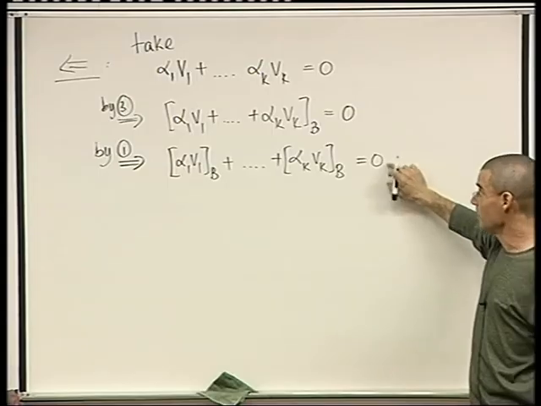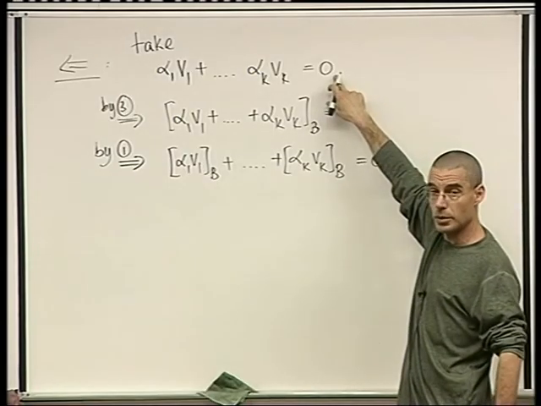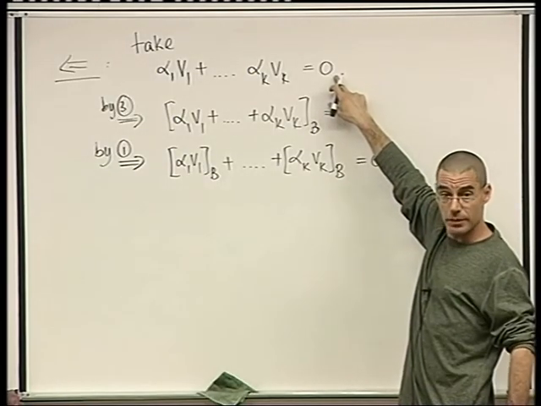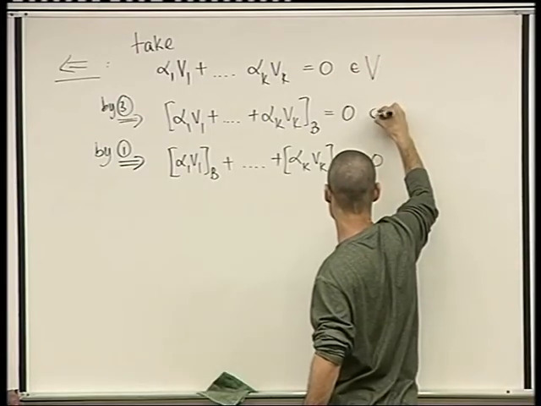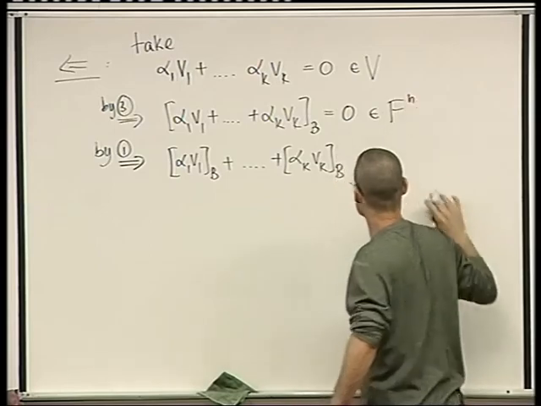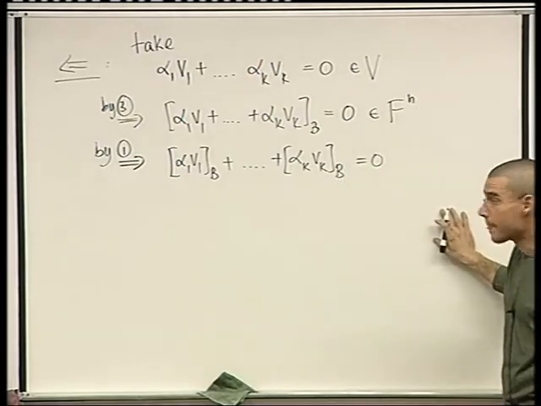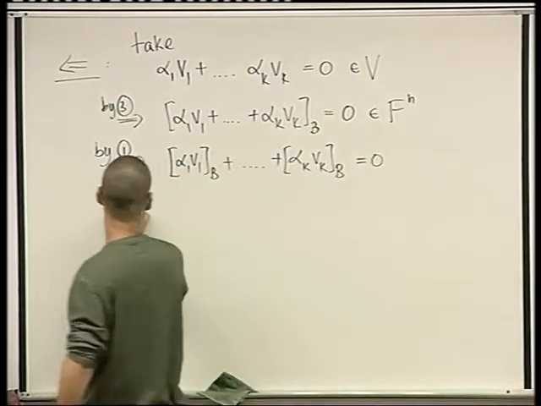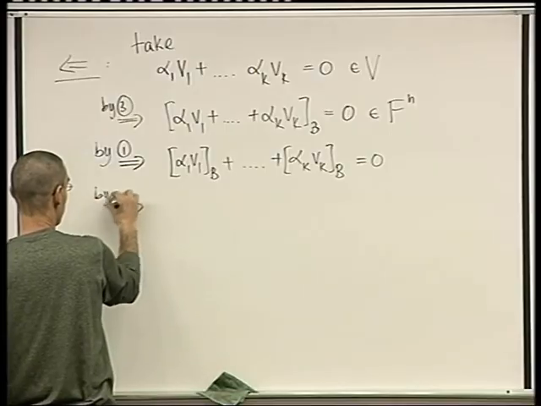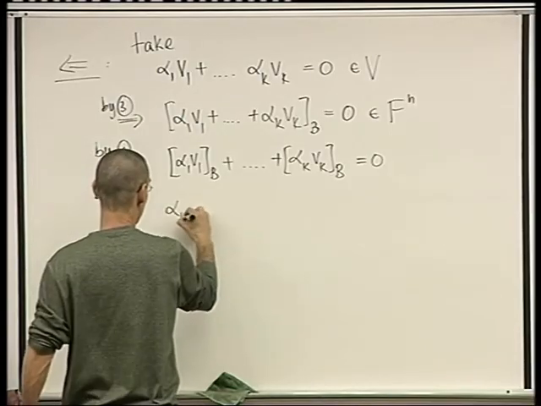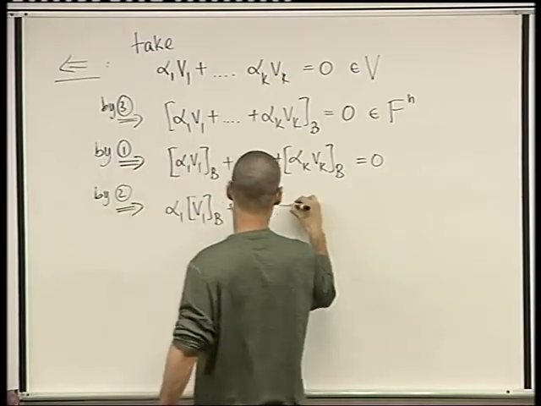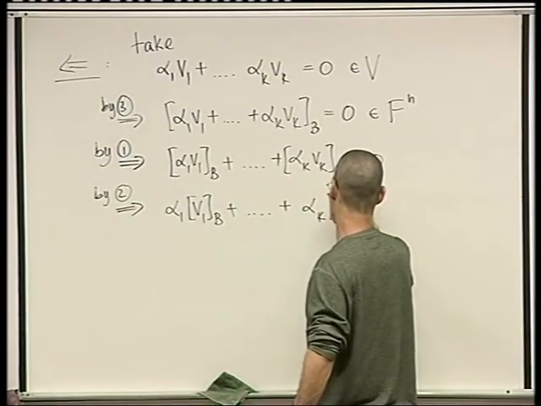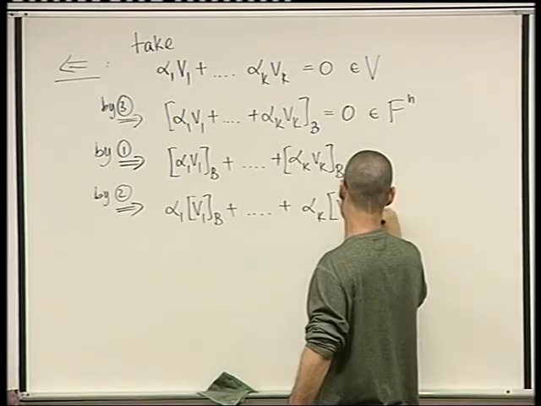This is the 0 column vector, and this is the 0 in whatever V was, right? This is 0 in V, and this is 0 in Fn. Good? Okay, and now we can use part 2: alpha 1 times the coordinate vector of v1, plus alpha k times the coordinate vector of vk.